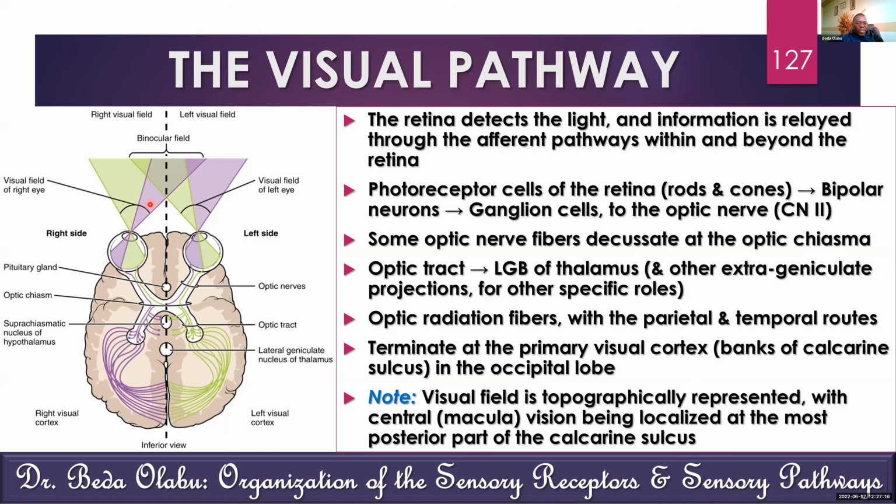Now let's look at this one. This is the nasal field of the right eye. So this nasal field of the right eye, the information is landing onto the temporal retina. Now take note, the nasal field to each eye is actually from the opposite side. What I mean is this.